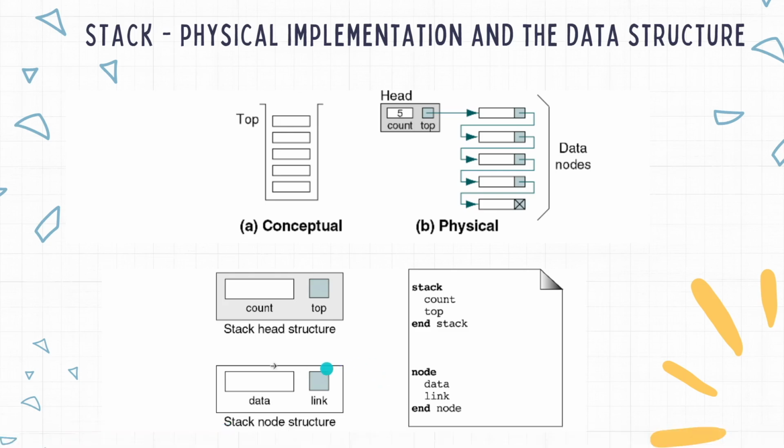In addition, to visualize this sort of implementation, we have defined another structure named head that has 2 members, one is count and other one is top. Top being the pointer that is holding the topmost element of the stack, and count is a variable which keeps track of the count of elements available in a stack. So, whenever we do a push operation, we just increment count by 1. So, that is the purpose of putting a variable named count in the head.